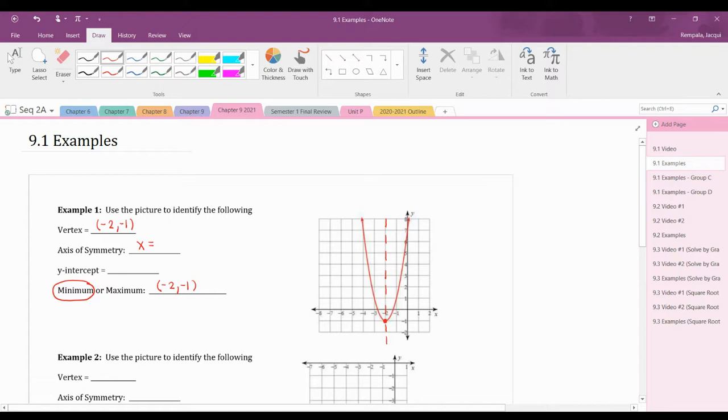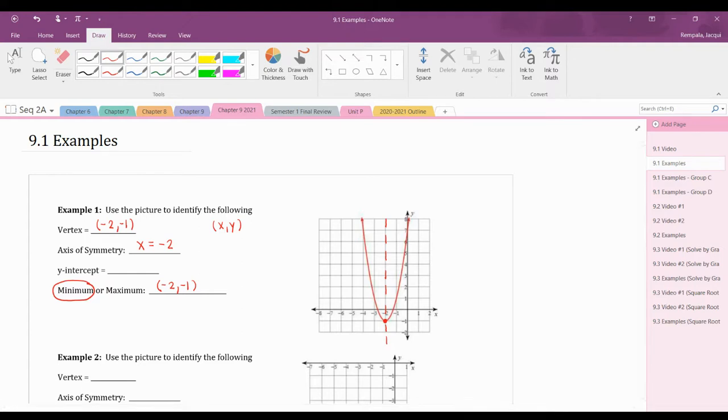And so for us, once we've identified what the vertex is, remember, an ordered pair is always x first and y second. Well, because my axis of symmetry is x equals a number, and that has to go through the vertex, it's going to go through the x value of the vertex. So since my vertex is -2, -1, x equals -2 is my axis of symmetry.